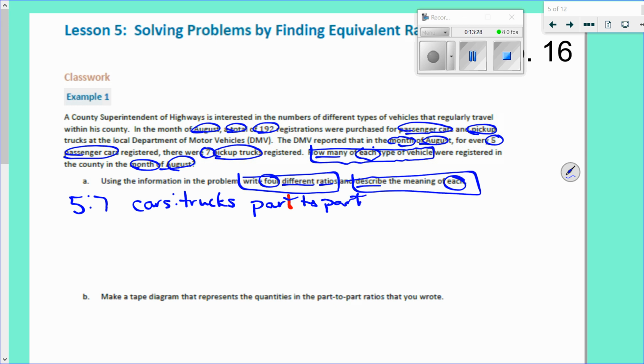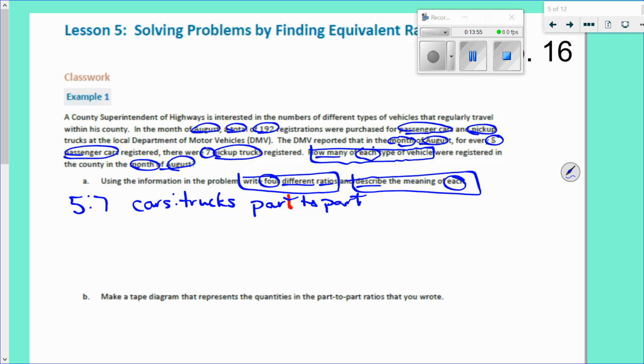Okay, so that's 1. We've got 1 of the 4 done. What's the second one? What's another ratio we can do given the numbers that they've given us? Avi? Okay, so what would it be? What numbers? 5 to 13.